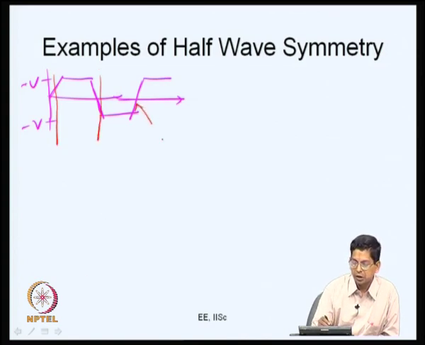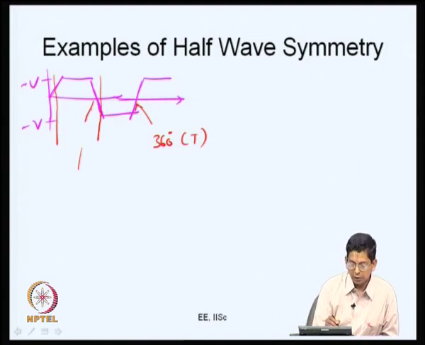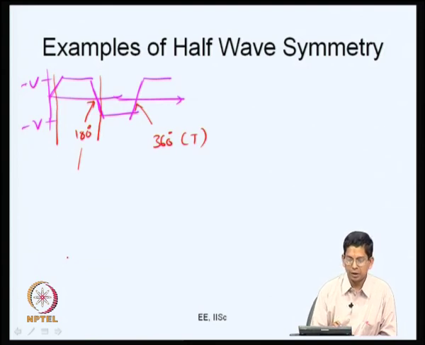This is 360 degrees, which corresponds to T in terms of time, and this is 180 degrees, which corresponds to T by 2. So, this is one example of half wave symmetry. Like this you can go about forming several such examples.